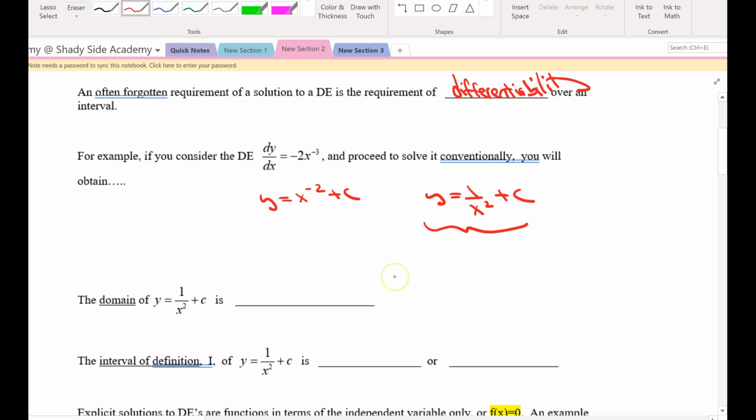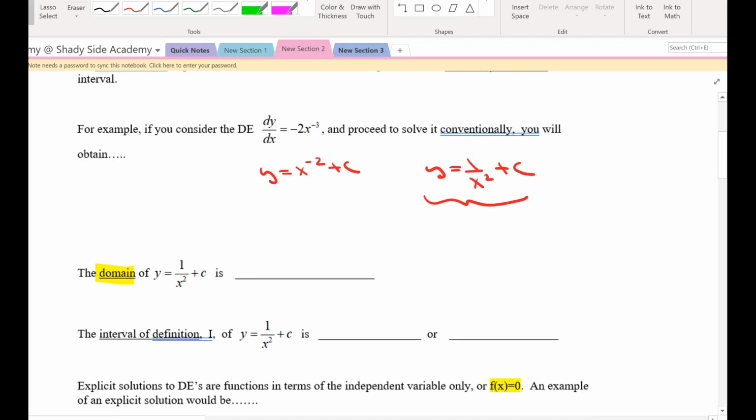Now, if I was asking you for the domain of this family of solutions, you'd probably say that the domain is negative infinity to 0, and then 0 to positive infinity, because at x equals 0 this function doesn't exist. Graphically, this function has an asymptote at x equals 0. So nothing new and surprising in terms of domain.